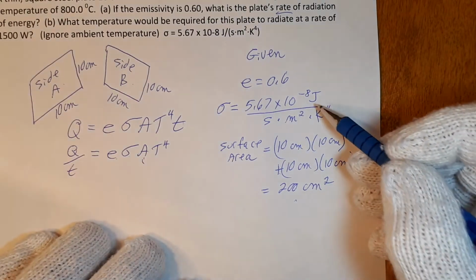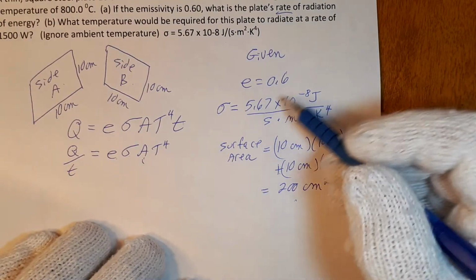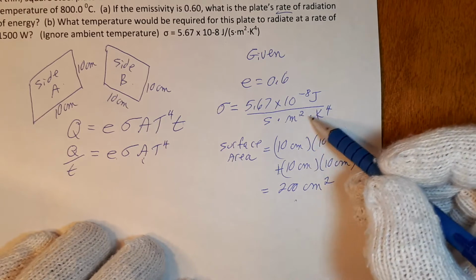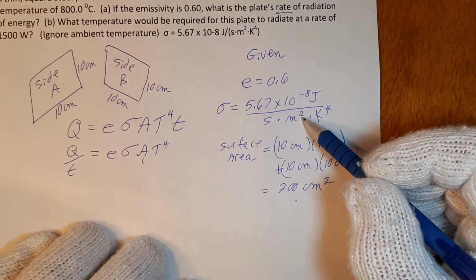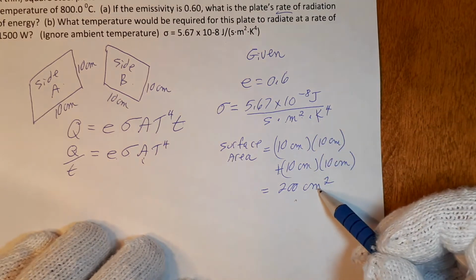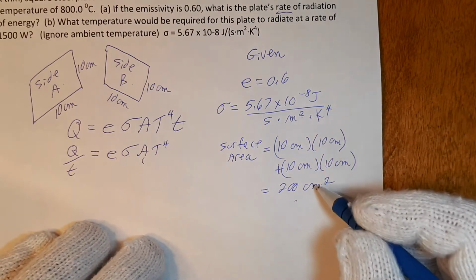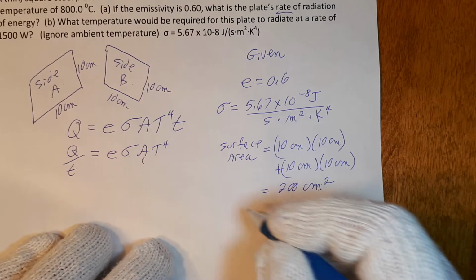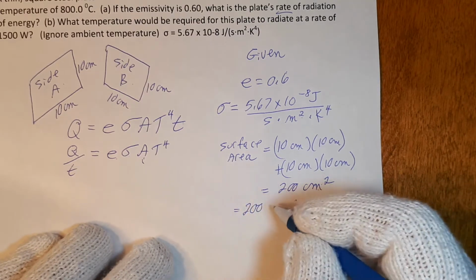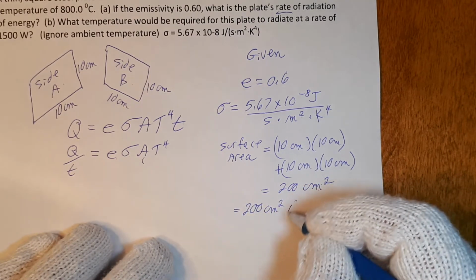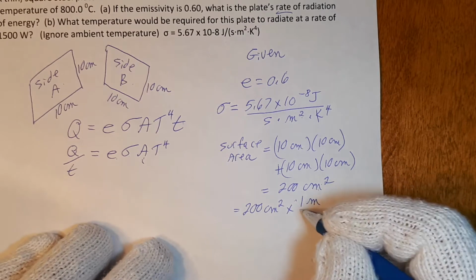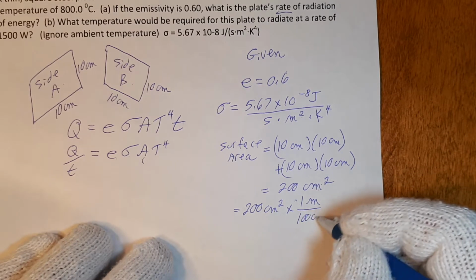We look at our constant. On our constant, sigma, the length is in meters, and we have centimeters. So we need to change this into meters in order to match our constant. 200 centimeters squared, and the conversion factor, 1 meter over 100 centimeters.